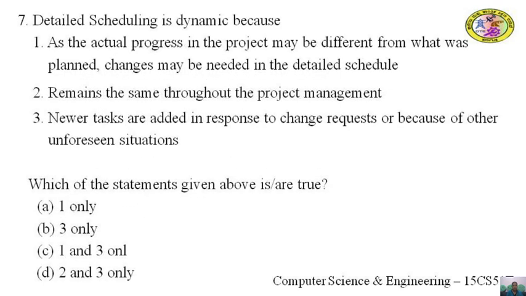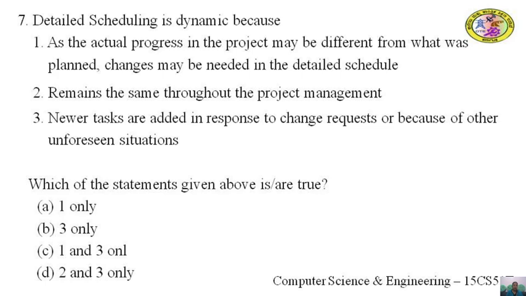The question is, detailed scheduling is dynamic because: 1. As the actual progress in the project may be different from what was planned, changes may be needed in the detailed schedule. 2. It remains the same throughout the project management. 3. Newer tasks are added in response to change requests or because of other unforeseen situations.